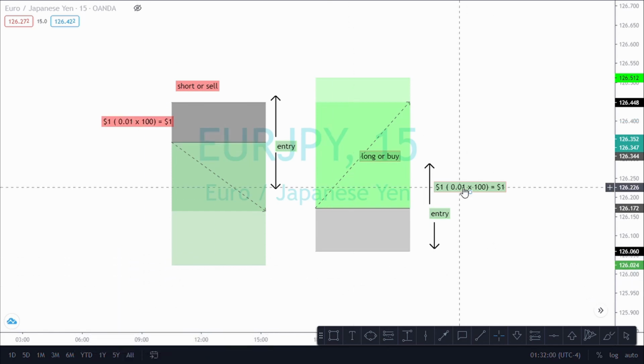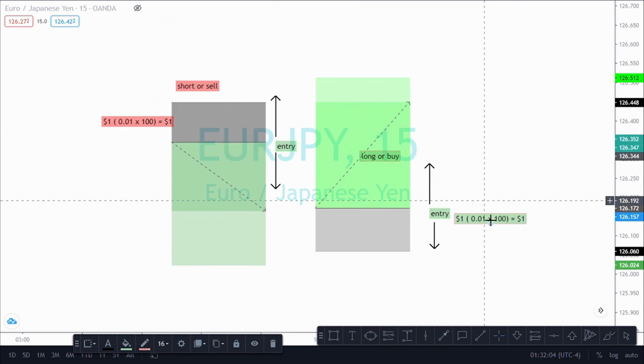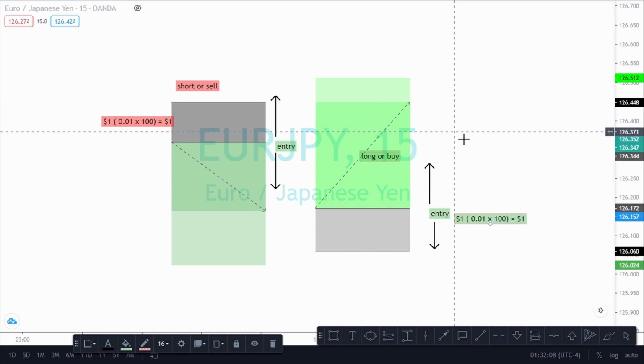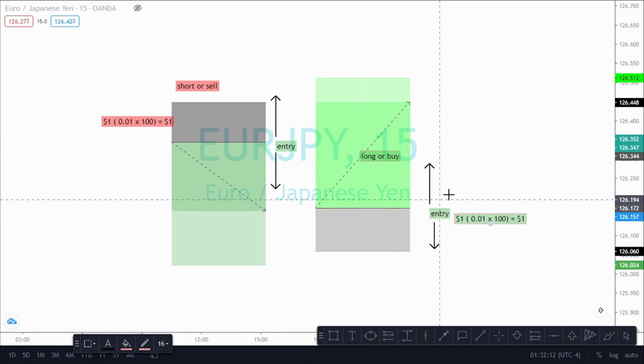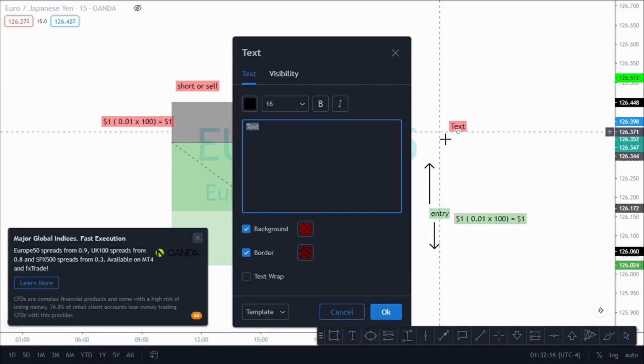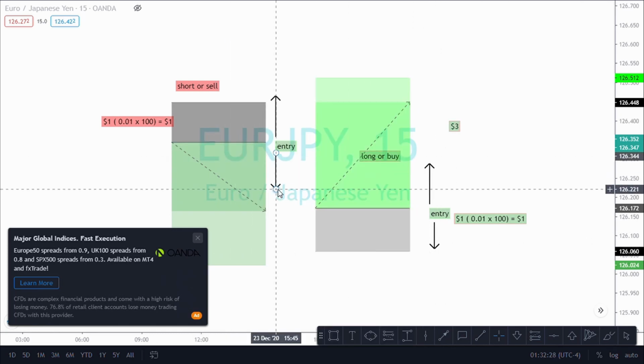For the sell one. So for the buy it's the same, $1 will be risked regardless. And so if you're risking $1 here, you have a 1 to 3 right here. So your risk to reward would be 1 to 3, and 1 times 3 is $3. So your take profit would allow you to get $3 right here.